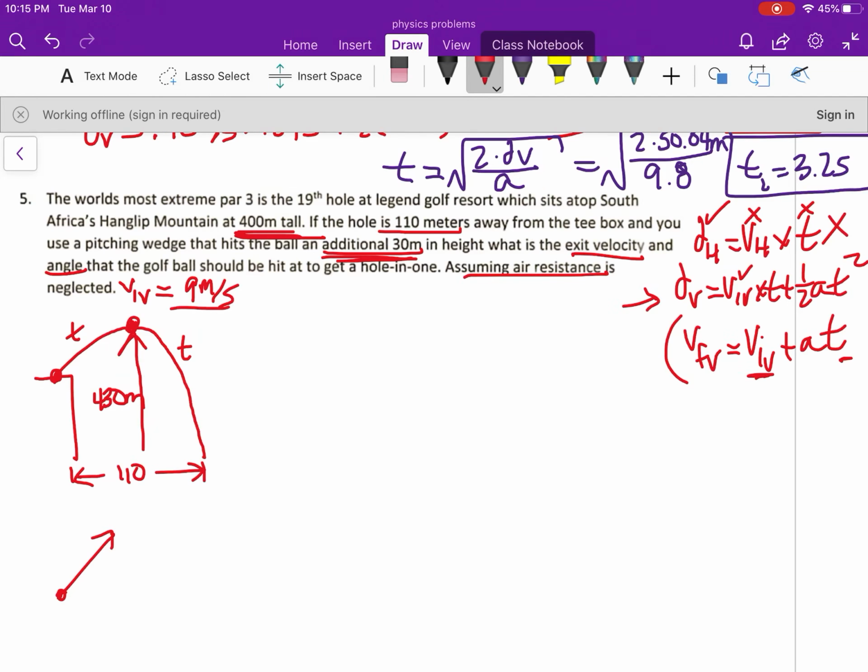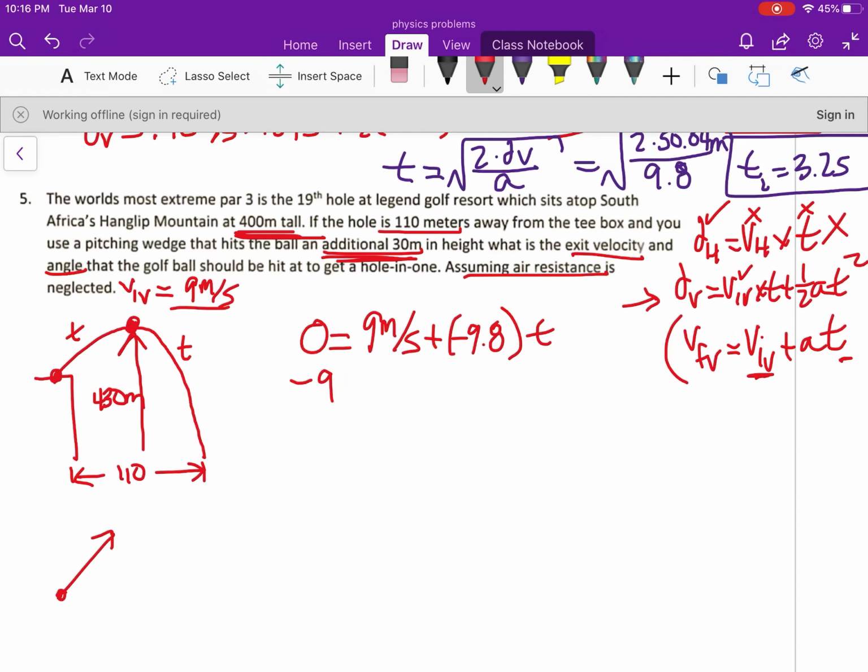When we do that, we can solve for the time, and from the time, we'll be able to get our total horizontal time. Okay, so my final vertical velocity is going to be 0 at the very peak. So 0 equals my initial vertical velocity, 9 meters per second, plus my negative 9.8 acceleration times my time.